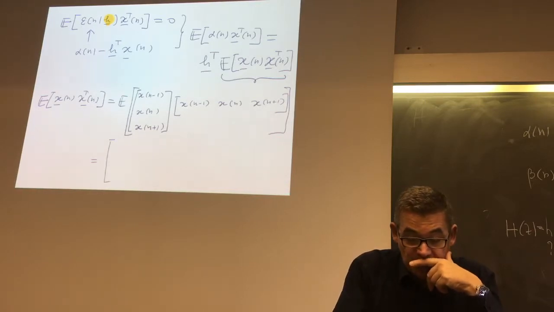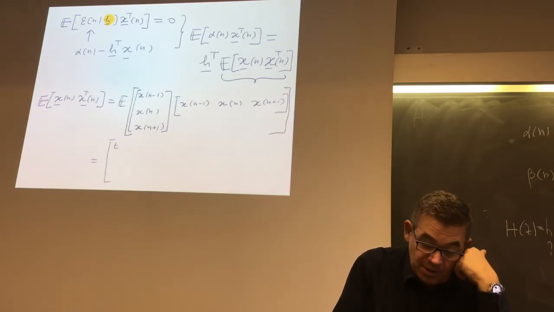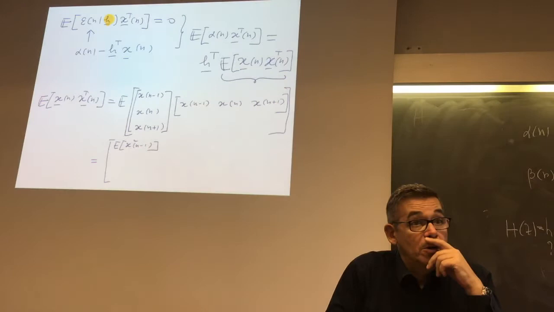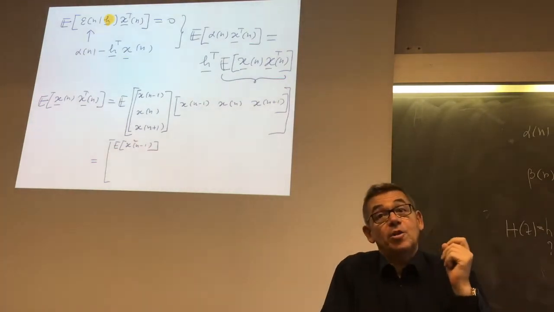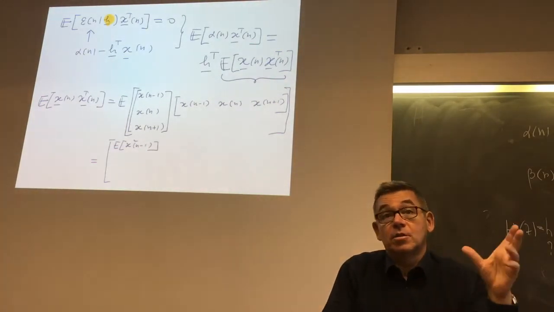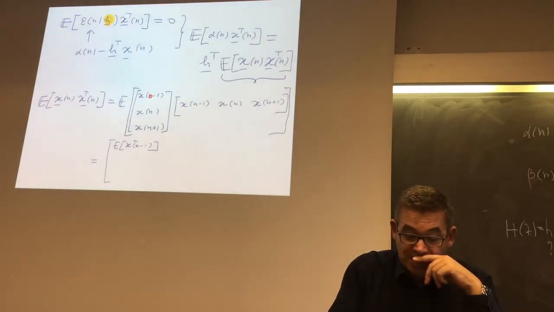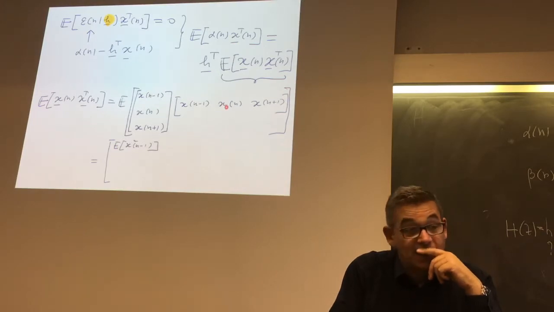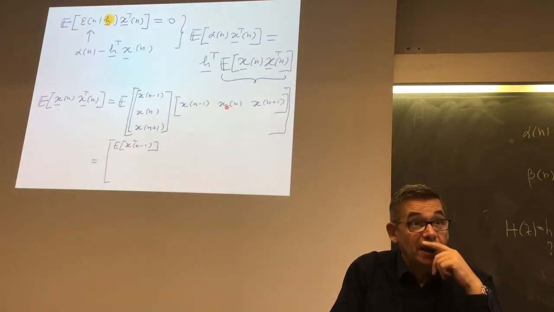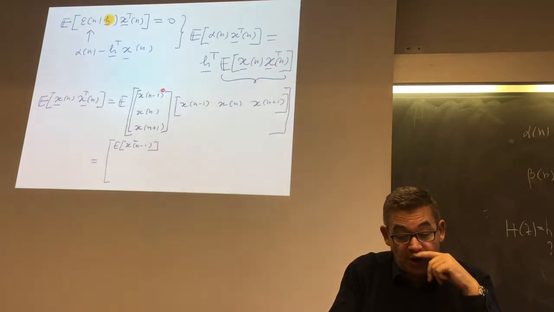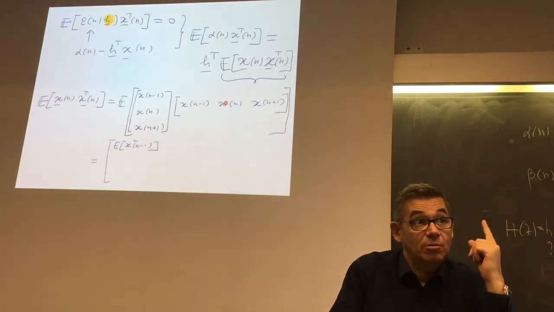In the first position, I need to calculate the expectation of xn minus 1 squared, which is the autocorrelation of x calculated in 0. What is in the second position? In the second position xn is multiplied by xn minus 1, so here is the autocorrelation calculated with lag 1.